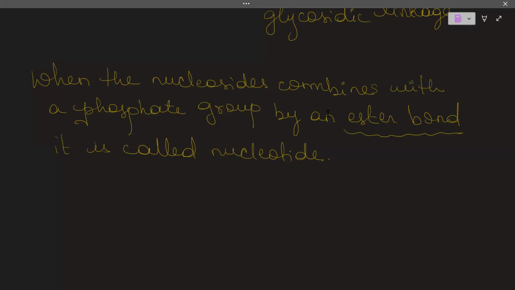There is one thing wherein we talk about how a particular structure forms a bond. I'll tell you about that. Just one second, I'll show you the picture.